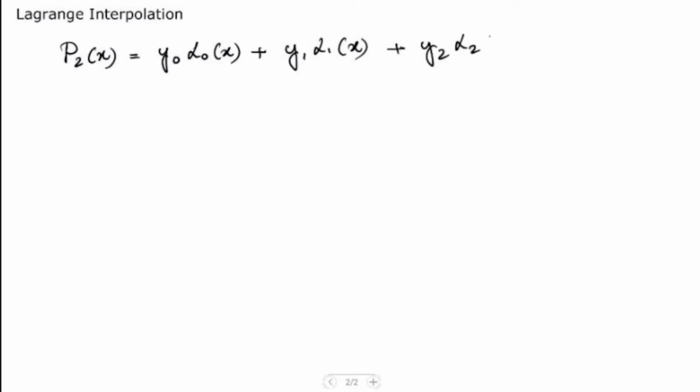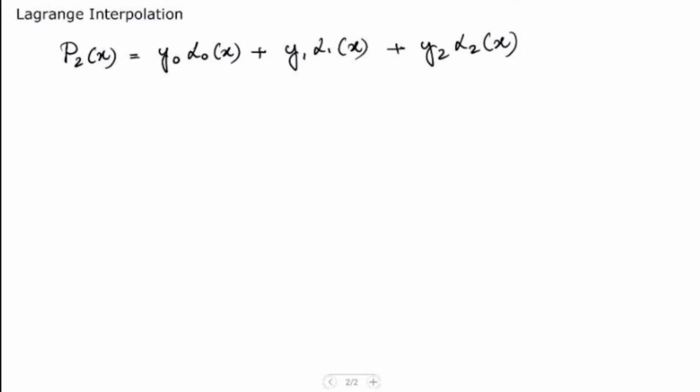At first, I would just like to write the formulas here. So to find the polynomial, the formula is y0 times L0x plus y1 times L1x and y2 times L2x.